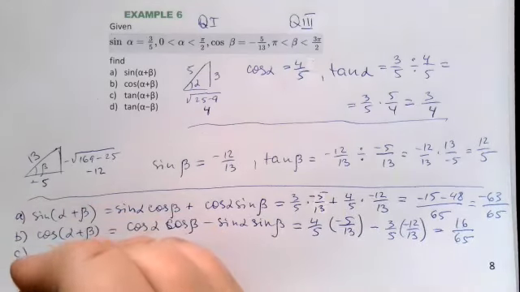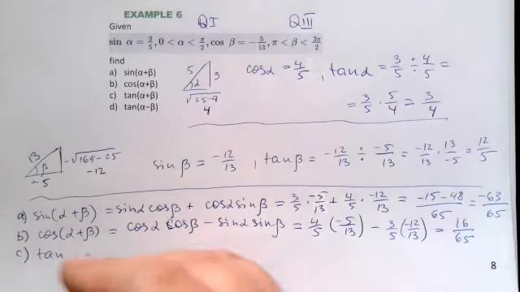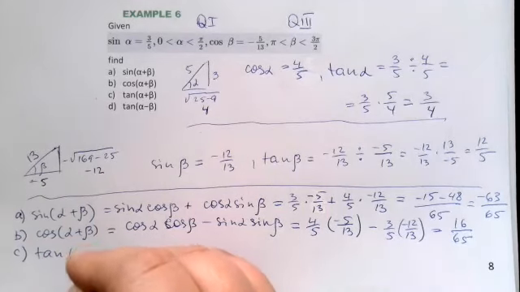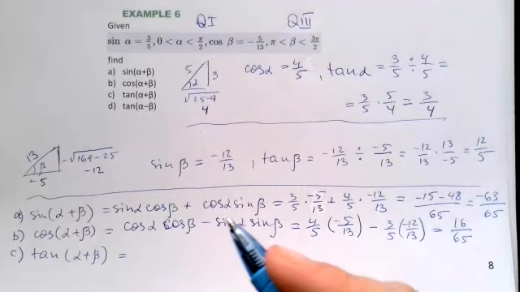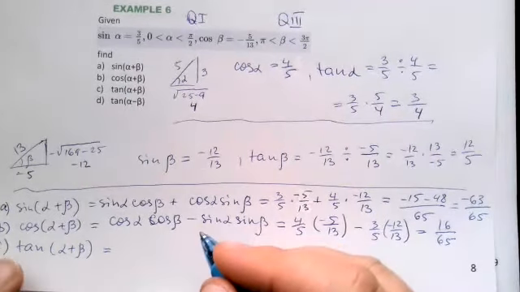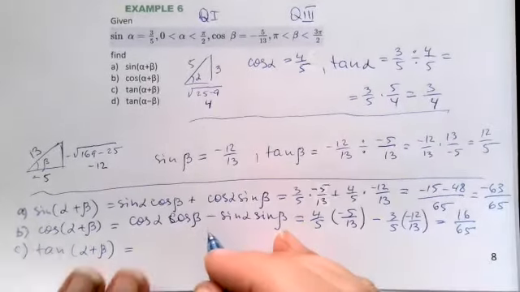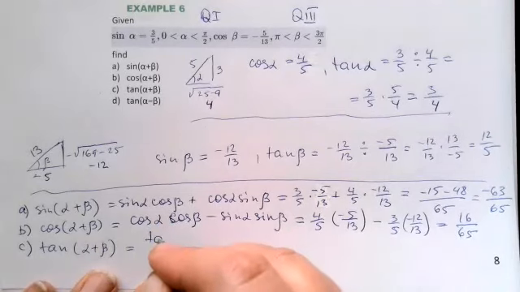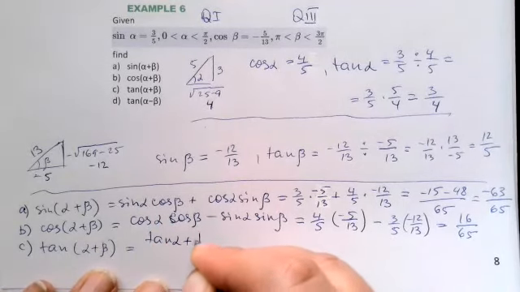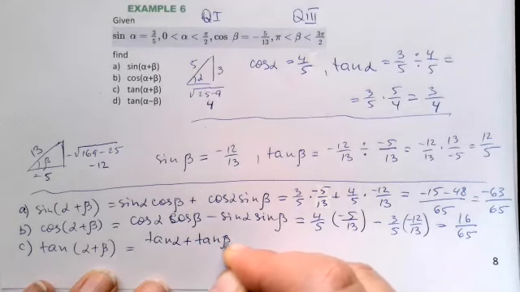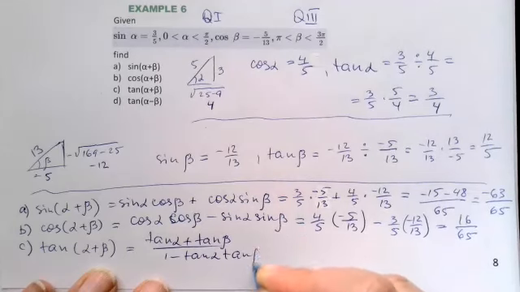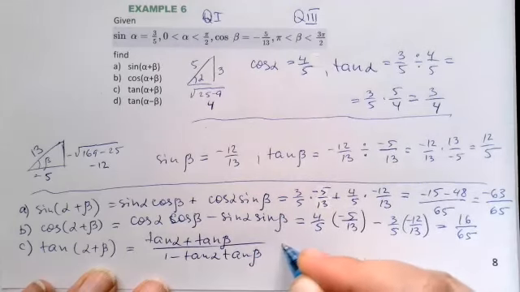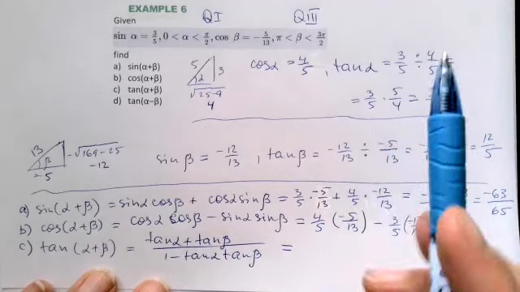And we're going to continue to question C. Question C is tangent of alpha plus beta. Again, just plugging in the formula. Let's write out the formula and substitute the values.